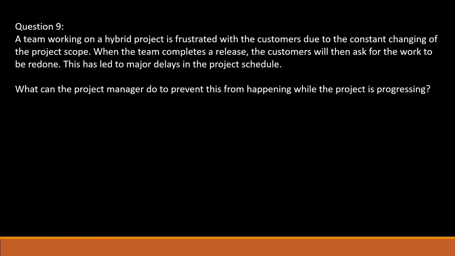A team working on a hybrid project is frustrated with the customers due to constant changing of project scope. When the team completes a release, the customers will then ask for work to be redone again and again. This has led to major delays in the project schedule. What can the PM do to prevent this from happening while the project is in progress?